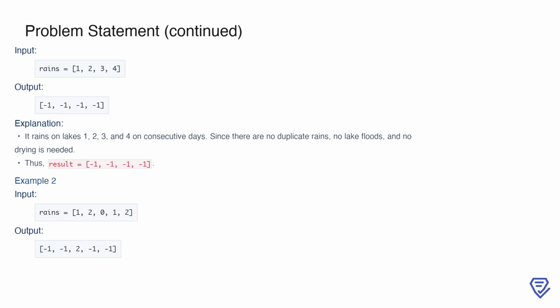You choose to dry lake 2, so result[2] is 2. On day 4, it rains on lake 1 again, and result[3] is -1. Finally, on day 5, it rains on lake 2 again, and result[4] is -1. This keeps all the lakes from flooding, and the result is [-1, -1, 2, -1, -1].